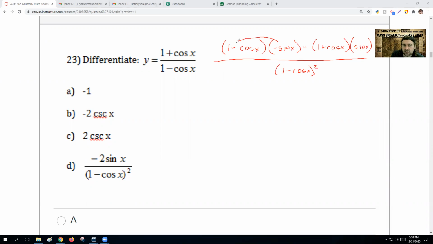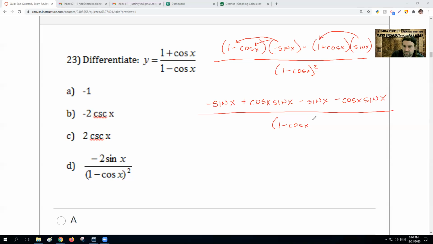All right, let's distribute the negative sign to both of those to see if any of these answers work. 1 times negative sine is negative sine. Negative cosine times negative sine is a positive cosine sine. And then we got to distribute the negative here, so we get a negative sine of x and then a negative cosine x sine x, which is all over 1 minus cosine x squared.